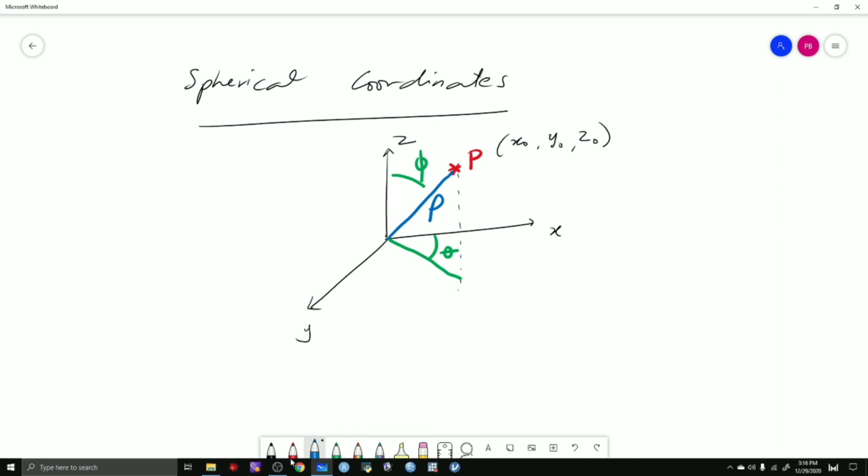So in spherical coordinates, we have three parameters: theta, rho, and phi. So it's something like this. Let us draw here the rotation, and then you also have this rotation, something like a half sphere.